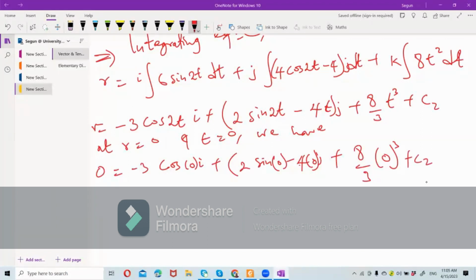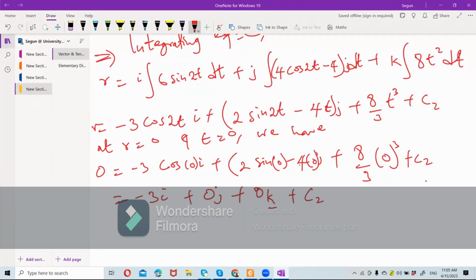So at the end of the day, what do we have? We have negative 3i plus 0j, plus 0k, plus C2, which implies C2 is equal to 3i.